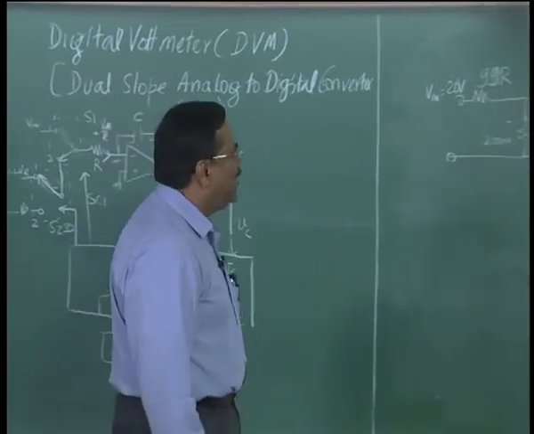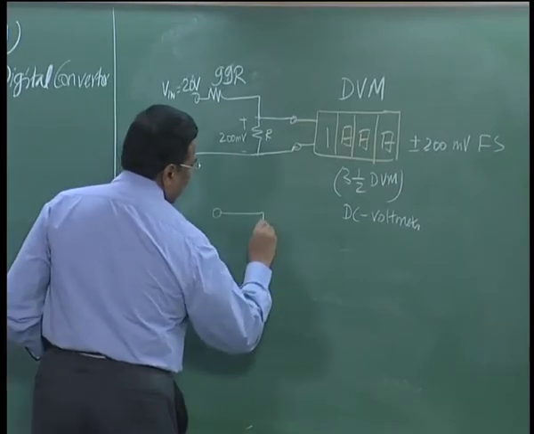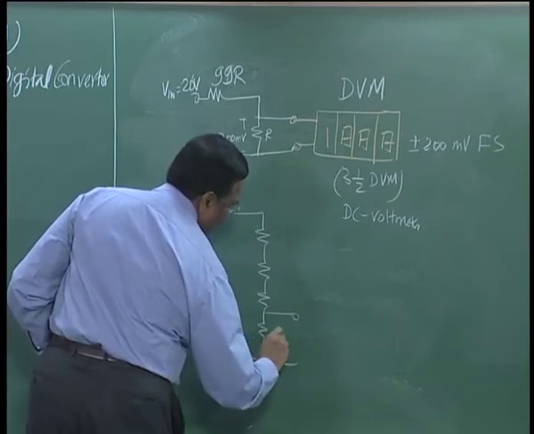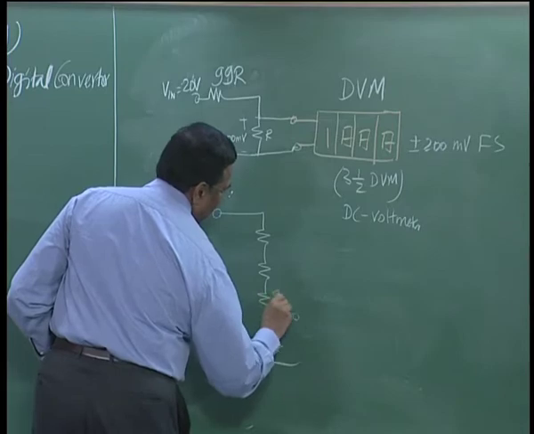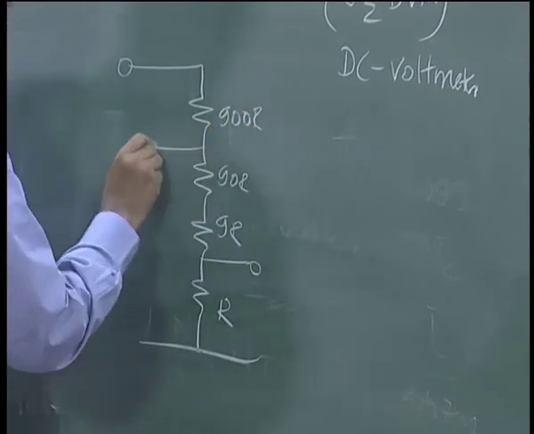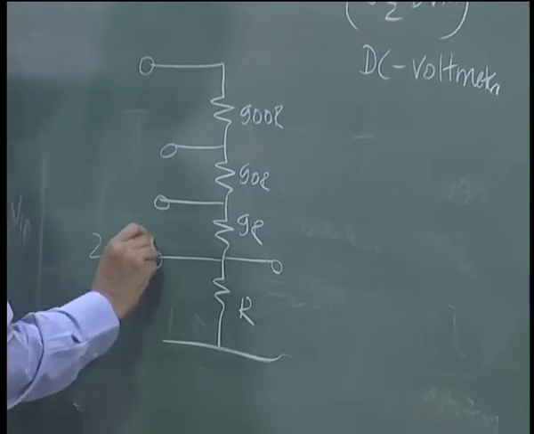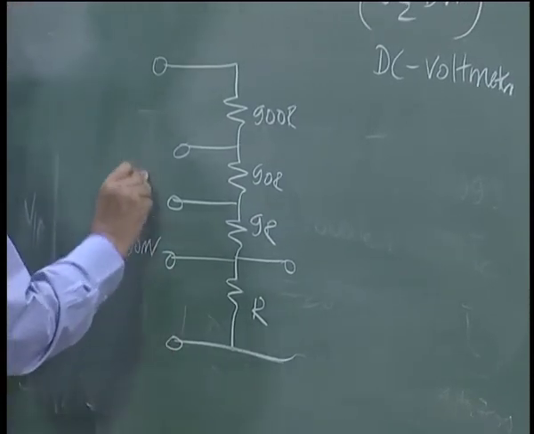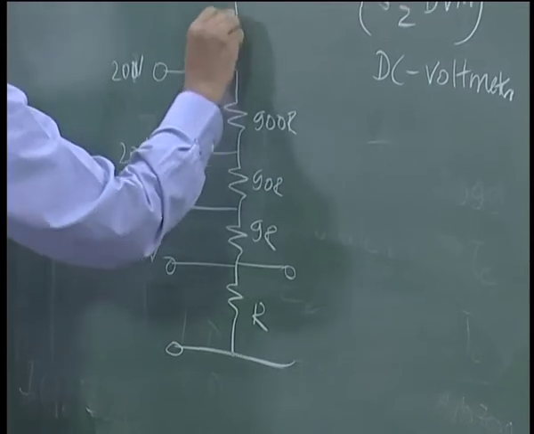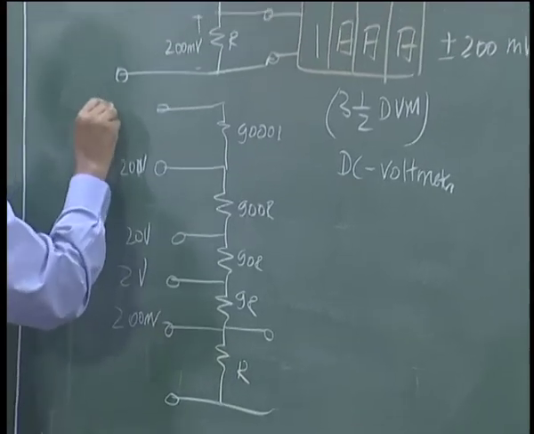By using dividers like this, I can put R, 9R, 90R, 900R, giving 200 millivolts, 2 volts, 20 volts, 200 volts, and I can also put 9000R and make it 2000 volts full scale.